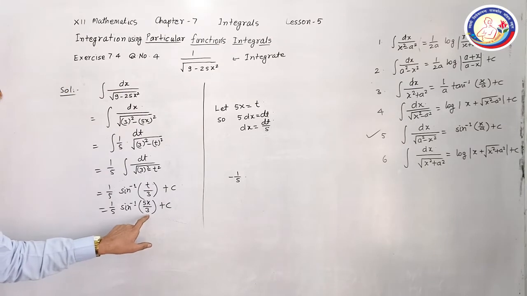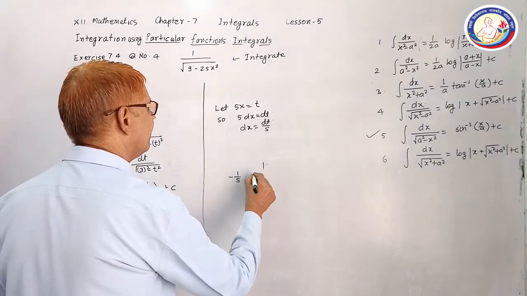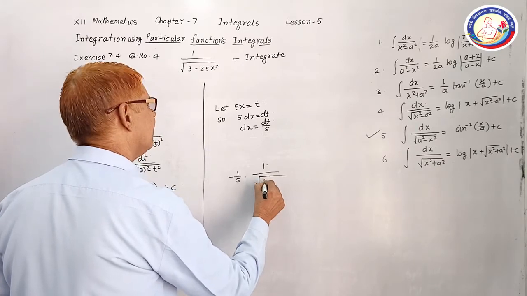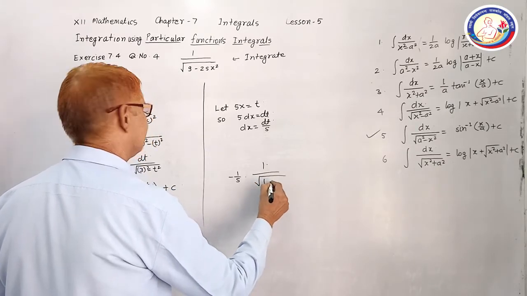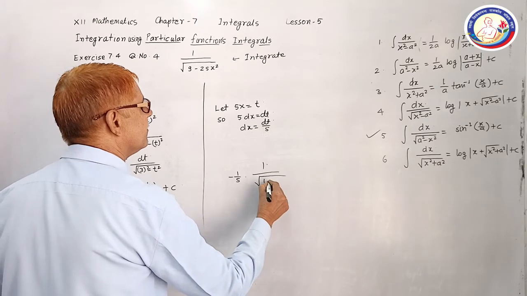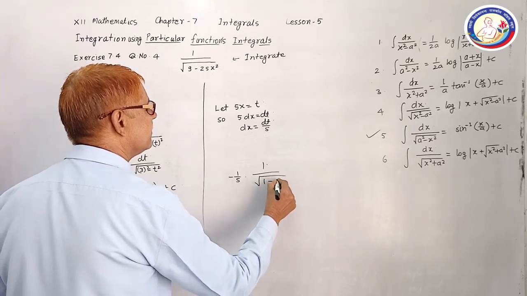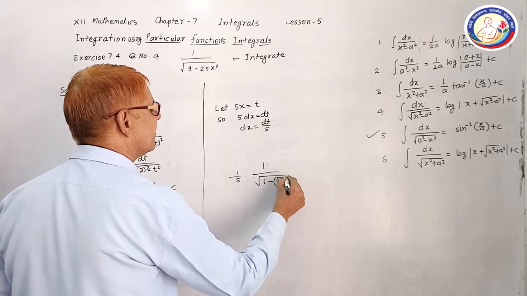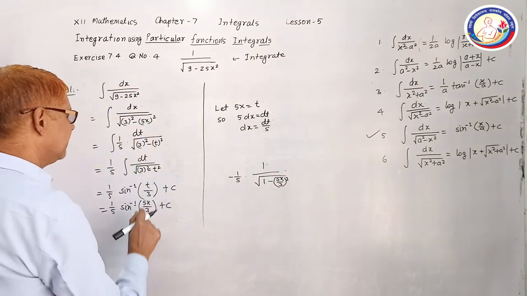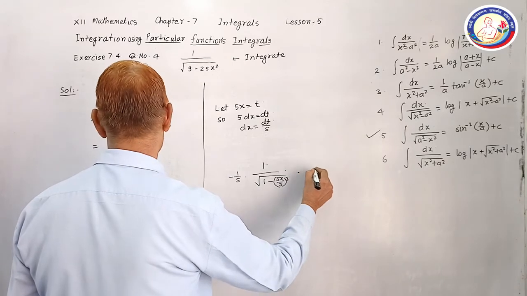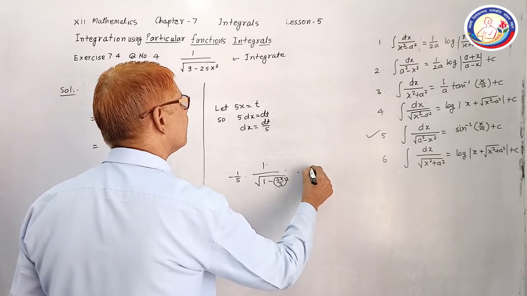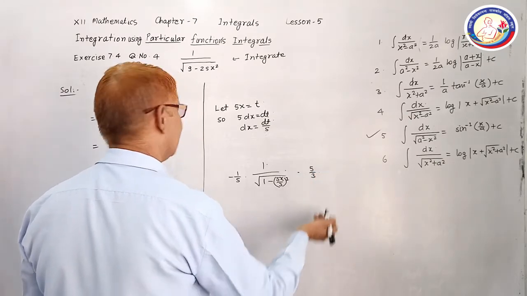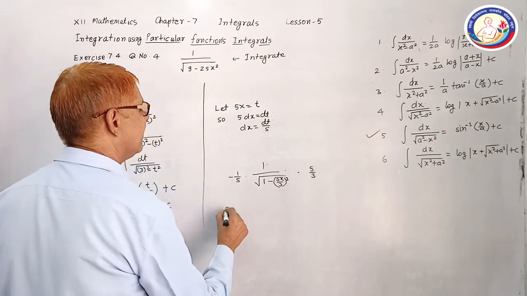The derivative of sine inverse is 1 upon square root of 1 minus 5x by 3 square. And then the derivative of 5x by 3, that is 5 by 3 into the derivative of x, which is 1. Simplify this.